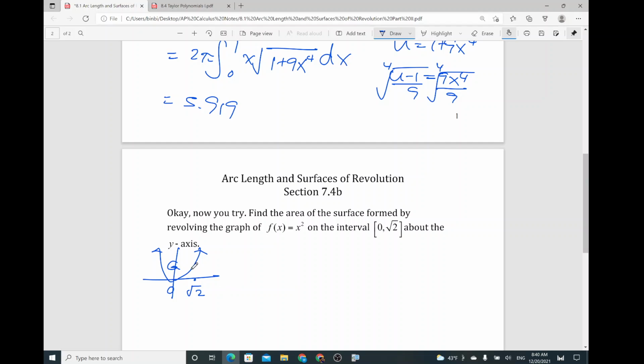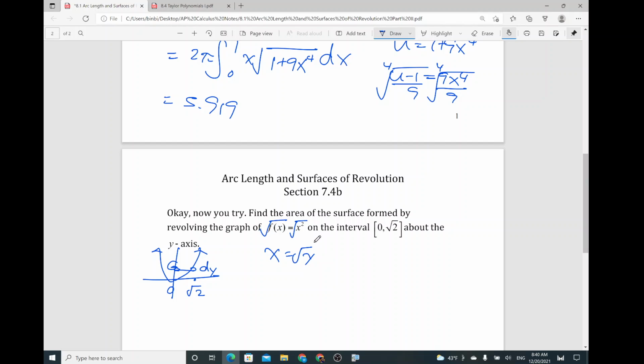So if this one is 0 to root 2, we do know that dy, the differential, is always perpendicular to the revolution axis. So basically we need to solve for x in terms of y, so that means x equals root y. Square root both sides.